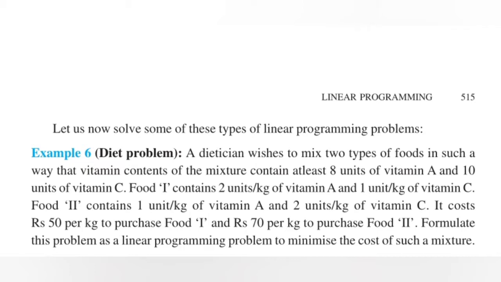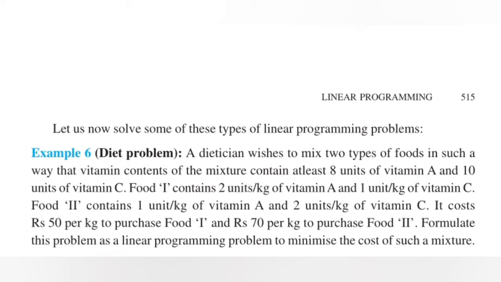So what we'll do is we'll just straight away write in the form of a table so that we can have a proper question made out of it. Okay, so your requirement is a minimum of 8 and 10 units of vitamin A and C respectively, and you are given food A and food B. We'll write what ingredients are present in them.